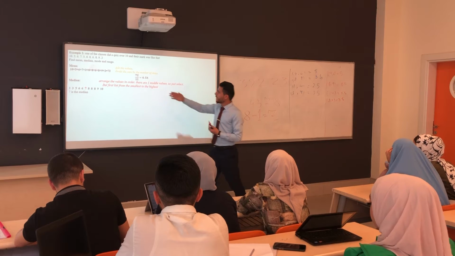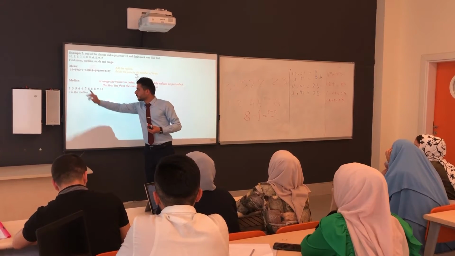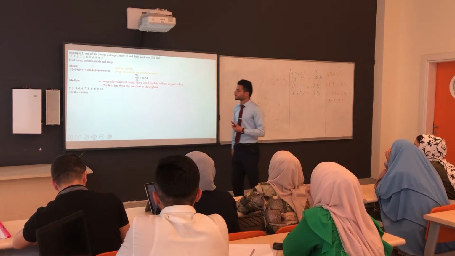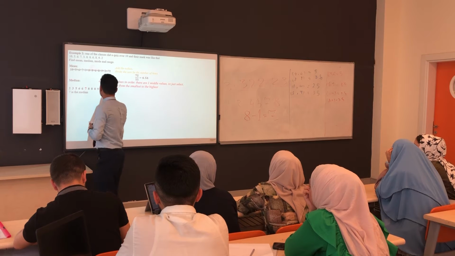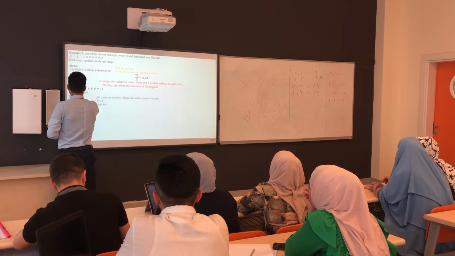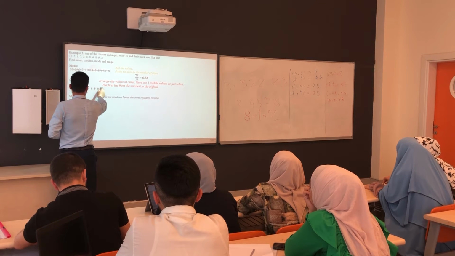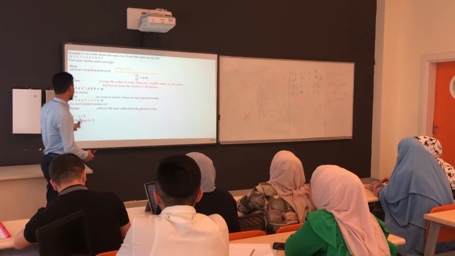In here we have an odd number, so it will be easy. 7 will be the middle one. How do you know? You count from both sides: 1, 1, 2, 3, 4, 5. So 7 will be the middle one.